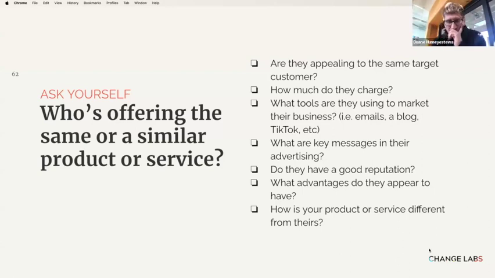And one of the other questions too is, what are those advantages that they appear to have on the surface, and then what do they actually do that separates them from their competition as well? So when you look at your competition, always ask yourself, what are they doing that is completely different? What are they doing that is so unique that separates them from other competition? And what can you do to separate yourself from that competition as well?